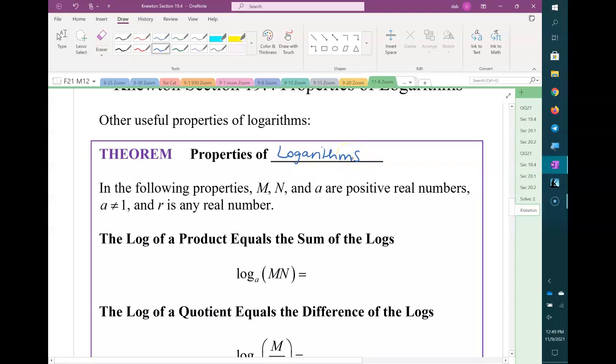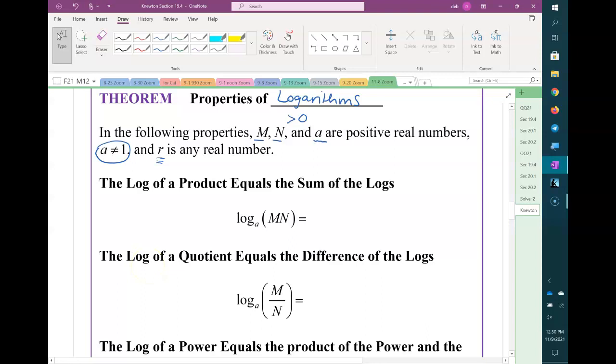Again, capital M and now also capital N are positive real numbers, and A is positive and A can't be 1, but r is any real number. So the log of a product equals the sum of the logs. If I have a product inside a logarithm, I can rewrite it as two separate logs of each of the factors.